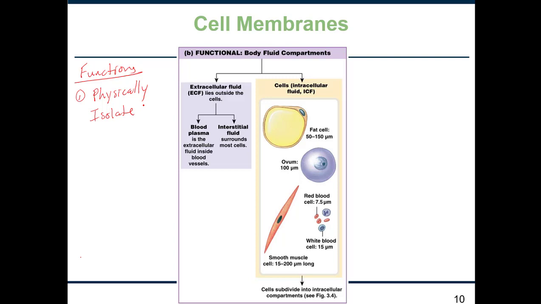And it isolates the cell from its external environment. And just so you're aware, the external environment is called the extracellular fluid. So for instance, if I go over here on this cell, this big yellow fatty cell, the extracellular fluid would be surrounding the cell. The intracellular fluid or cytoplasm is inside the cell. The cell membrane physically isolates the cell from its surrounding environment.